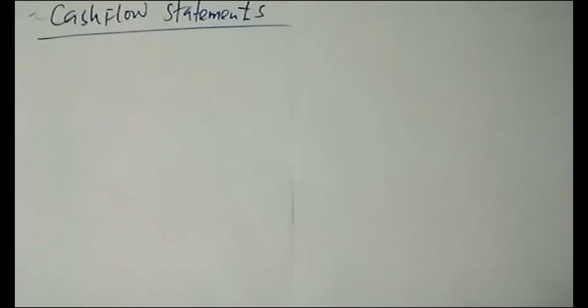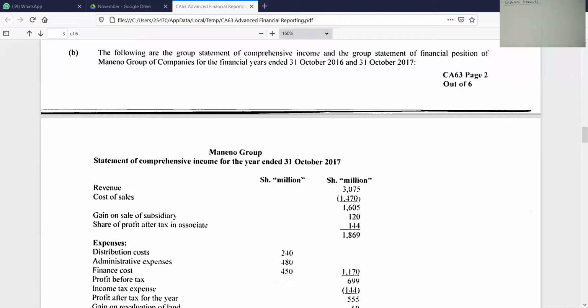That is a question of December 2017, question 3. So this is the question. They say that the following are the group statement of comprehensive income and the group statement of financial position of Maneno Group of Companies for the financial years ended 31st October 2016 and 31st October 2017.